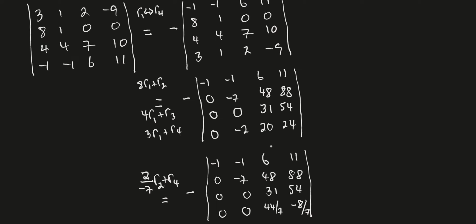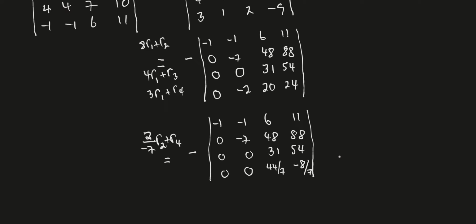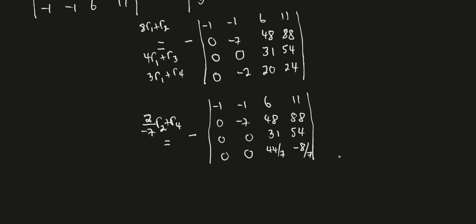But it's kind of a trade-off not having to do the constant multiplier rule, right? Okay, so it's almost triangular, almost. What we have to eliminate is this positive 44 over 7. So again, the rule is whatever entry you're trying to eliminate, take the negative of it and then divide it by what would be your pivot, right?